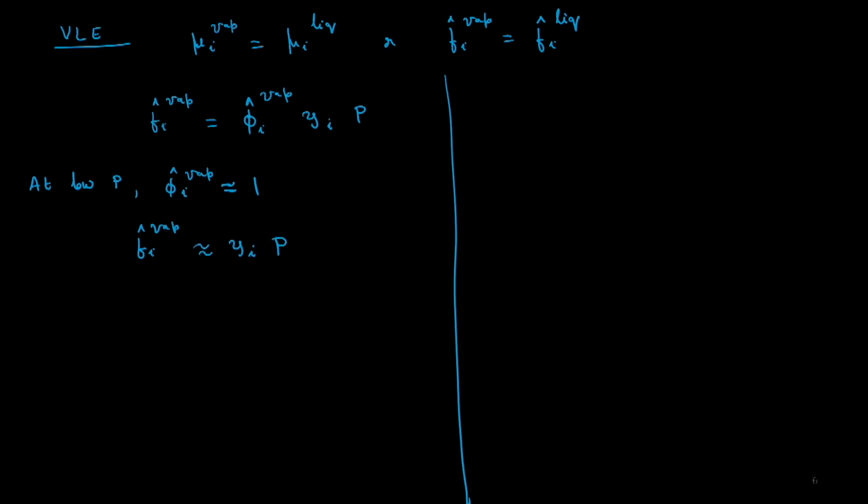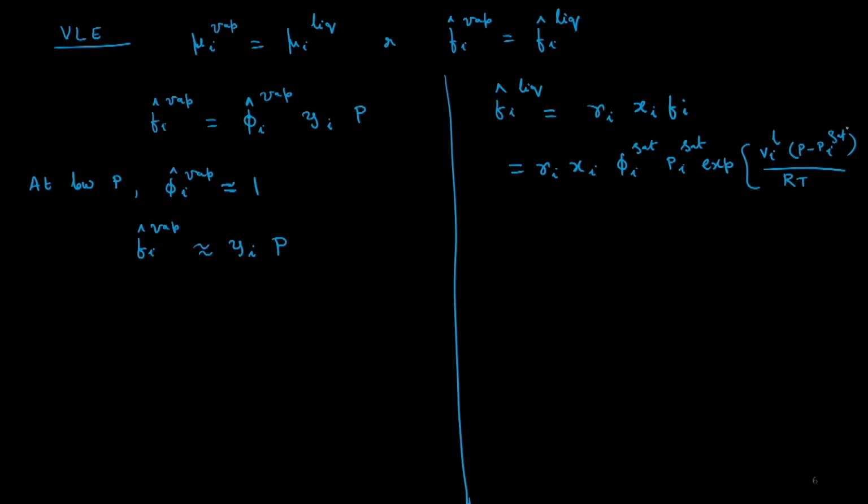Now, when we look at the fugacity of the liquid, by definition of the activity coefficient, let's write gamma i first, multiplied with the fugacity of the ideal solution, which is xi times fi. Fi is the fugacity of the pure species i. And for the pure species i, we can write that fugacity as the fugacity at the saturation conditions, phi i sat, pi sat, multiplied with the Poynting correction factor, P minus pi sat over RT.